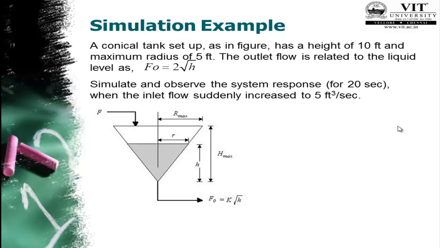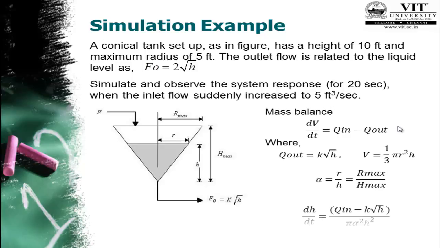So the first step is we have to find the nonlinear mathematical model. Now writing the mass balance equation right the way we did for the previous case, dV by dt is equal to qin minus q out, where q out here is k root h, which is of course 2 root h, and we have the volume, and alpha we can also calculate, which is 5 by 10 for our case.